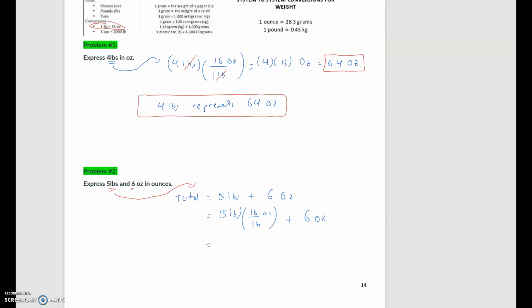Actually, this was 5. I wrote 15. And then multiplying these two, we're going to get 80 ounces. 6 times 5 is 30, and you carry 3. So this will be 80 ounces plus 6 ounces. This is equivalent to 86 ounces.